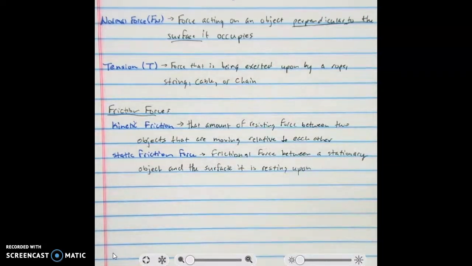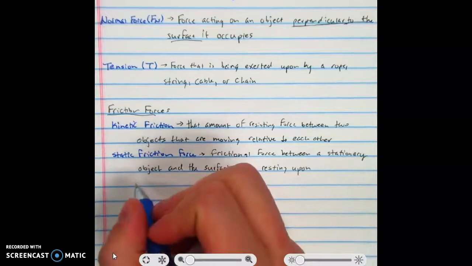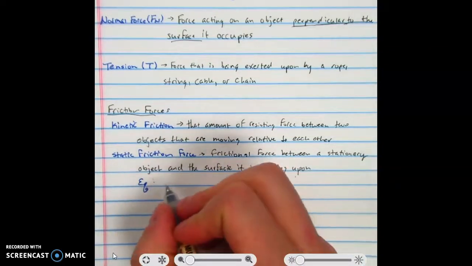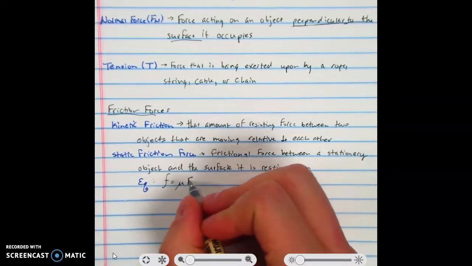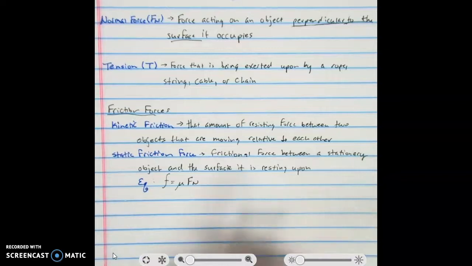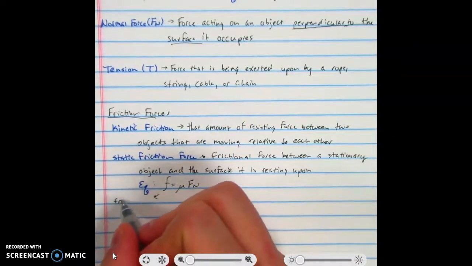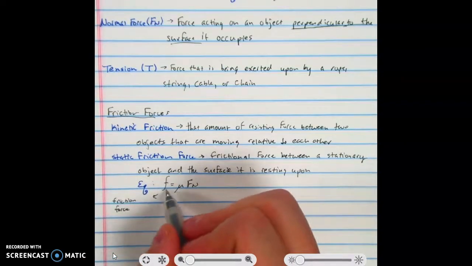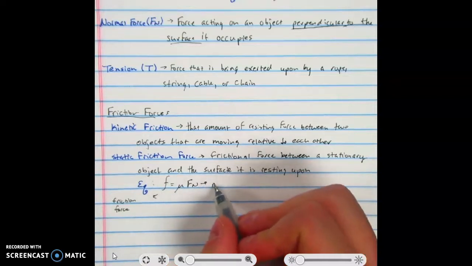Okay. Now, friction has its own equation. It looks like this. So fancy F is your friction force, so it could be fancy F K or fancy F S. F N is your normal force.